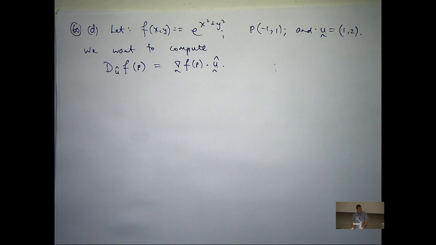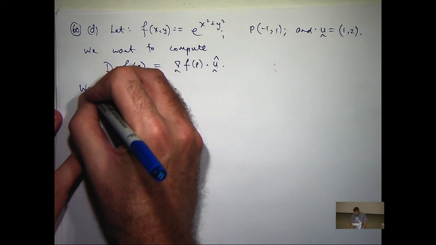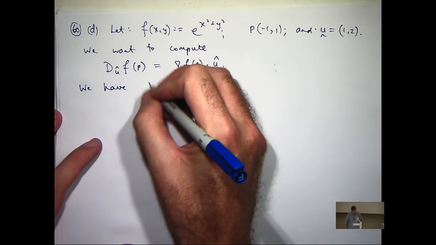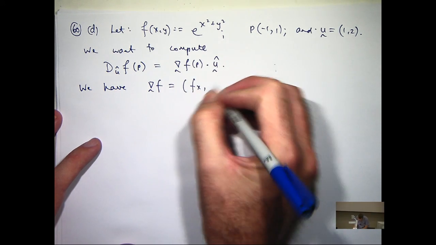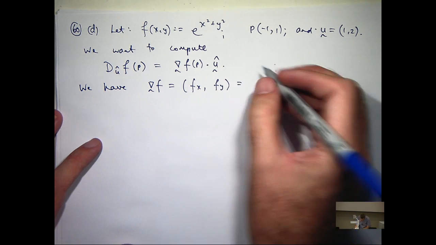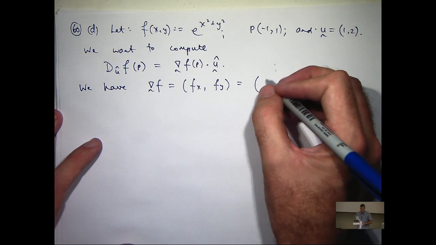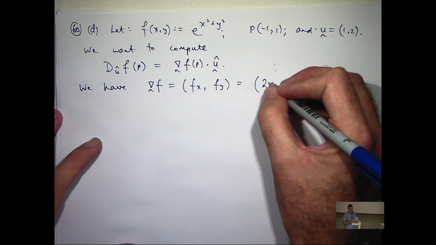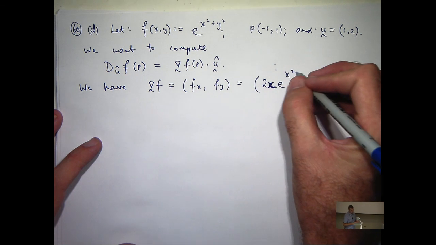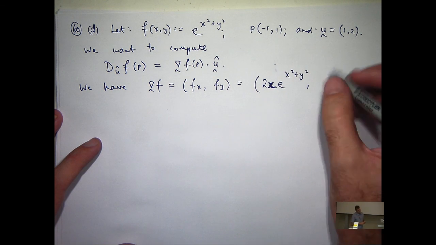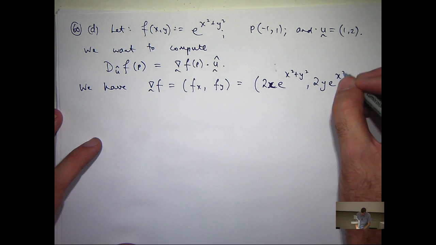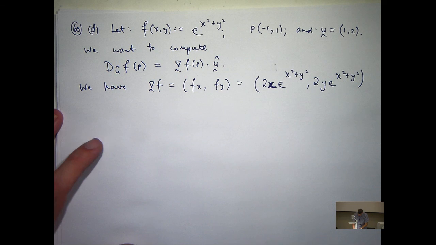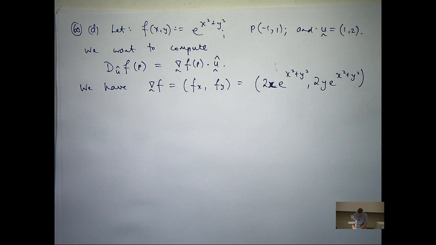So let's take grad f. What do we get? It's just f sub x, comma f sub y. So 2x e to the x squared plus y squared. What about the other component? 2y. Yep. Okay, so now what?